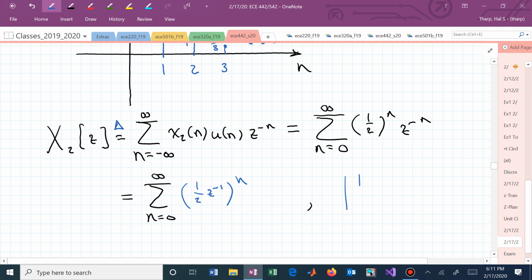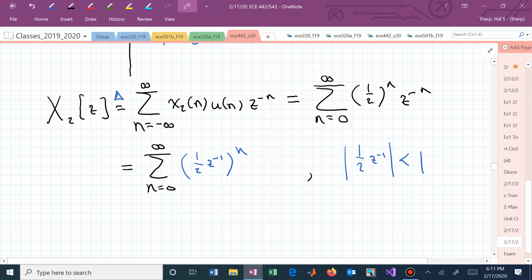The common ratio in this case is 1/2 z to the minus 1. That needs to be less than 1. We put the z downstairs, then multiply both sides by the magnitude of z, and we see that the region of convergence, or the values of z that allow this infinite sum to converge, are values of z beyond this disk of size 1/2.